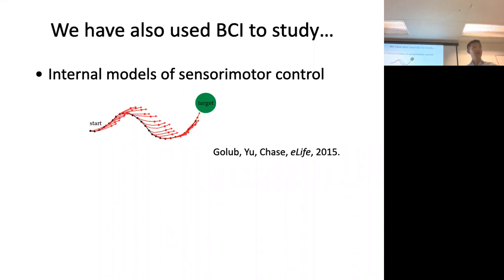We asked why this was the case, and it turns out that most of the errors that the animal makes can be attributed to the animal using some internal model of the BCI mapping that was not a perfect match with the actual BCI mapping that it was using, because we never told the animal what the mapping was. The animal needs to figure it out from trial and error. What it figured out was something that approximated the truth, but wasn't exactly the truth. And that could explain a lot of the behavioral errors that the animal is making.